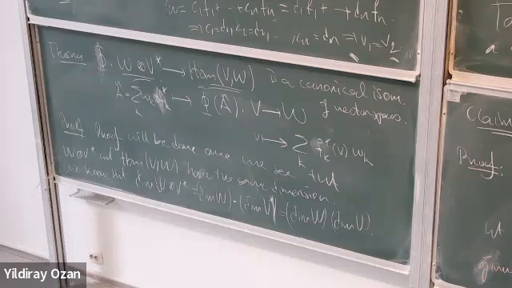So I have to tell you what the image of this linear map is on e1, e2, e3, ..., en.